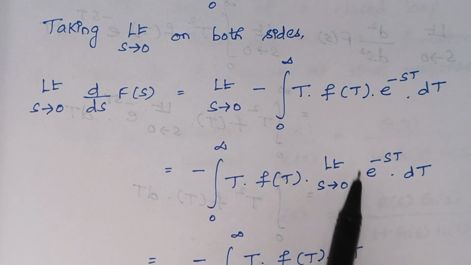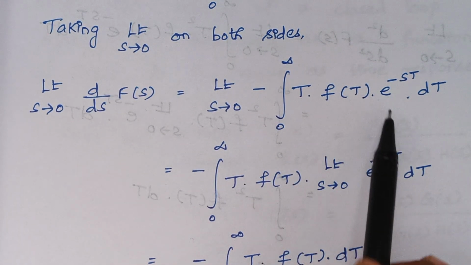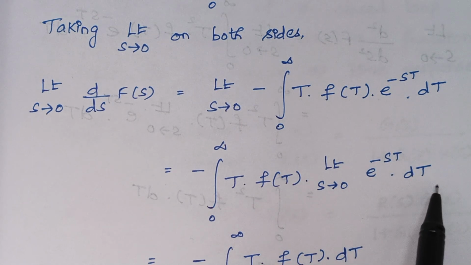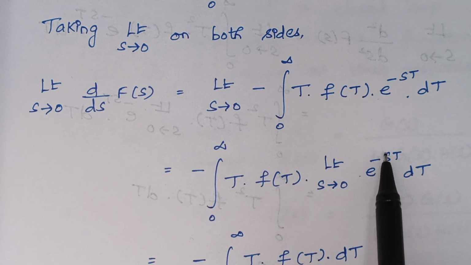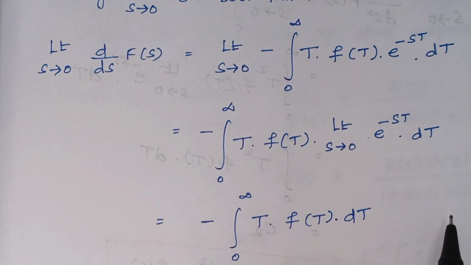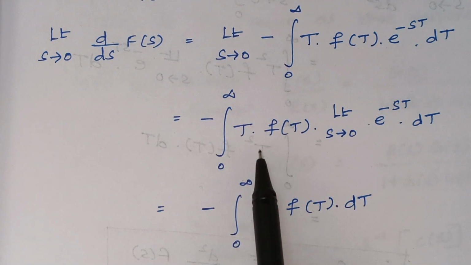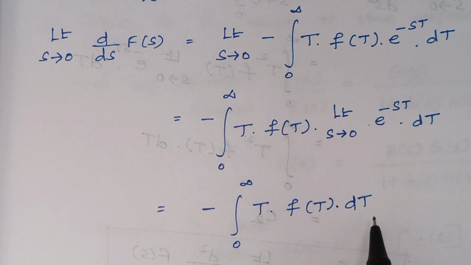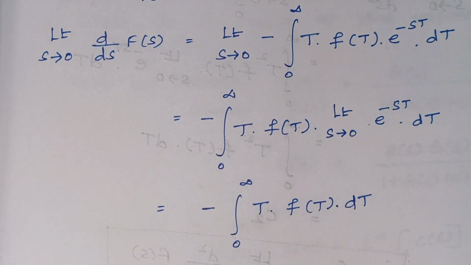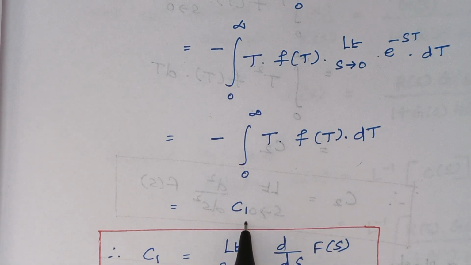So now I am going to move this limit inside here. The limit s tends to 0 can be applied only to this part, e power minus st into dt. When you substitute the value of s as 0, e to the power 0 becomes 1. So here I have the expression as minus integral 0 to infinity t into f of t into dt. I am naming this expression as C1.